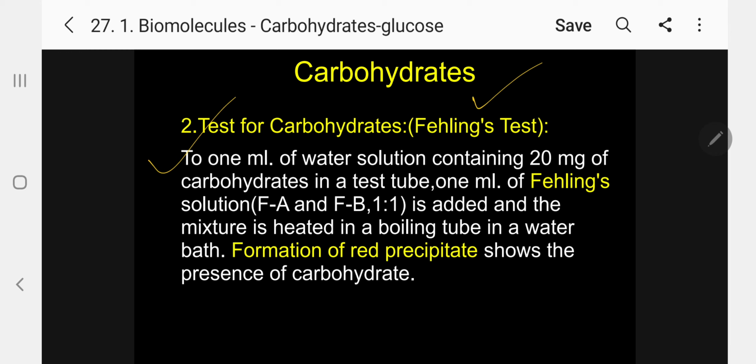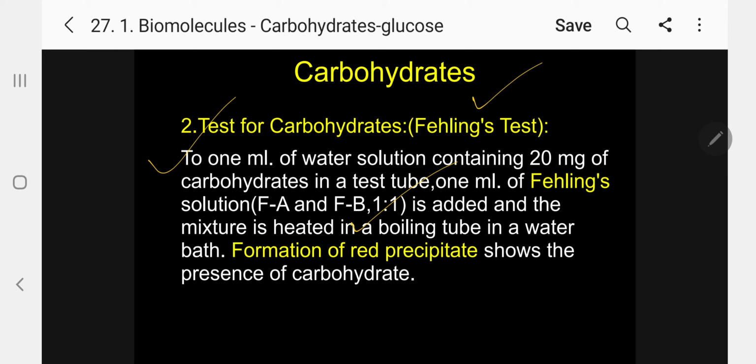What is Fehling A? Copper sulfate in water, and Fehling B is sodium potassium tartrate and sodium hydroxide in water. You add it, and the mixture is heated in a boiling tube in a water bath.